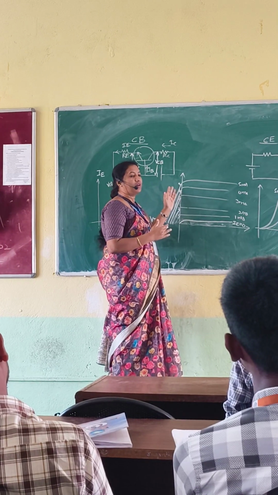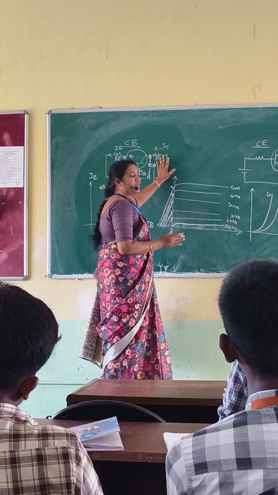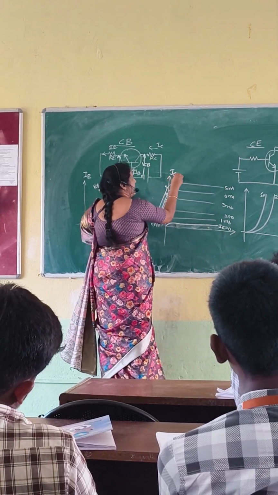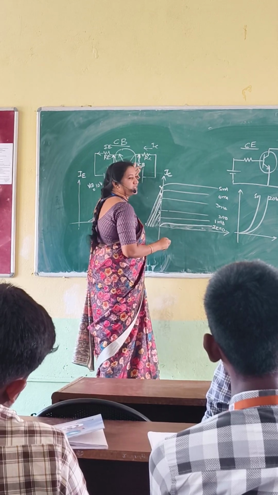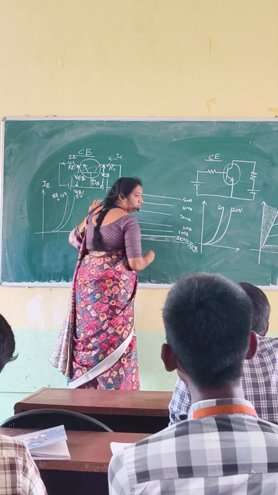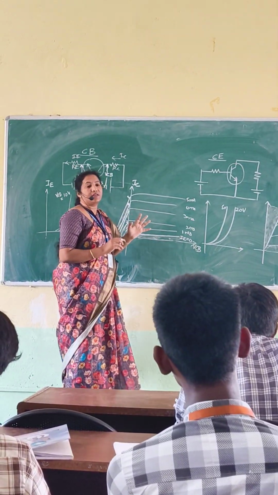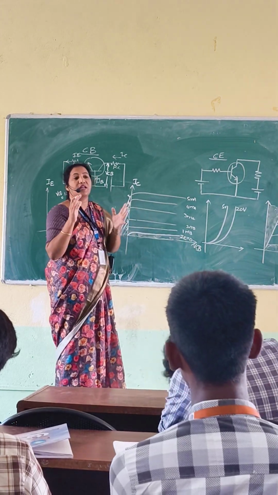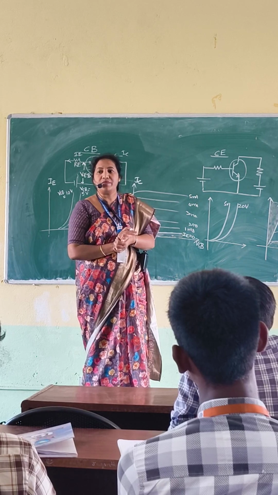And now coming to the output characteristics. Here, your output current is IC and output voltage is VCB. Now, what are the units for current? Whether it is emitter current or collector current, yesterday I told you: milliamps or microamps.